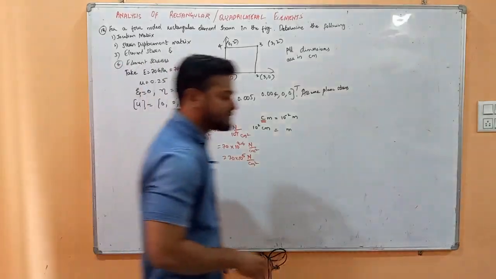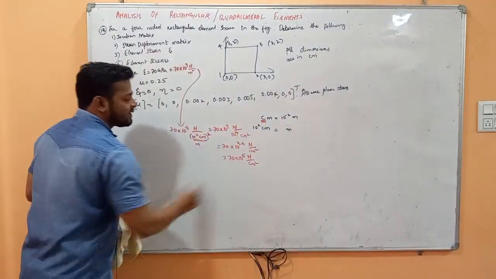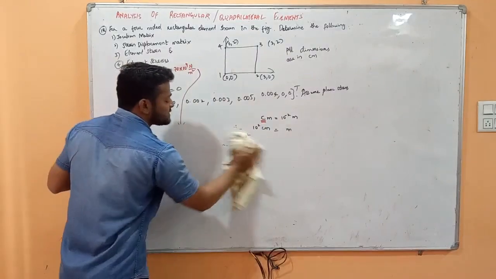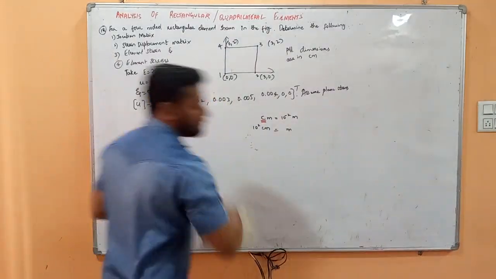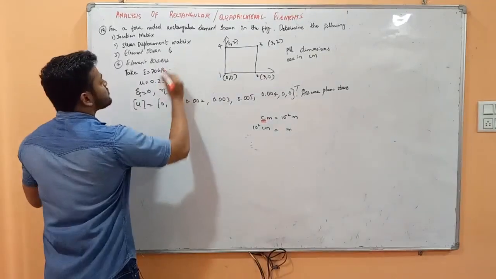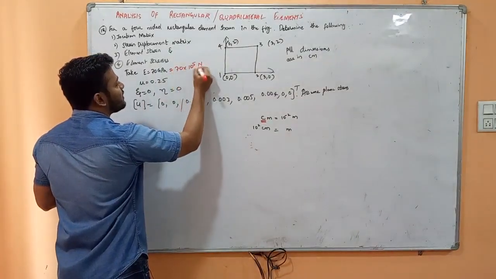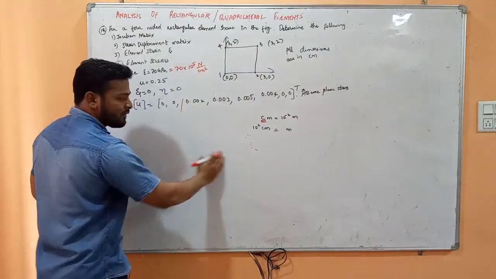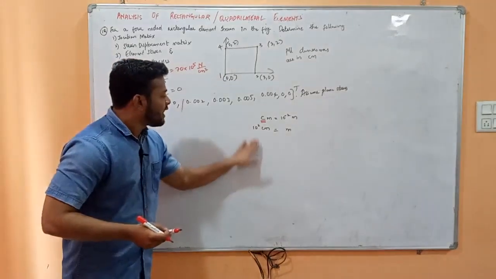So I am going to erase this part. This conversion in terms of centimeter is 70 into 10 power 5 Newton per centimeter square. You don't have to erase that in the examination. Since I have very little space on this board, I am erasing that part.